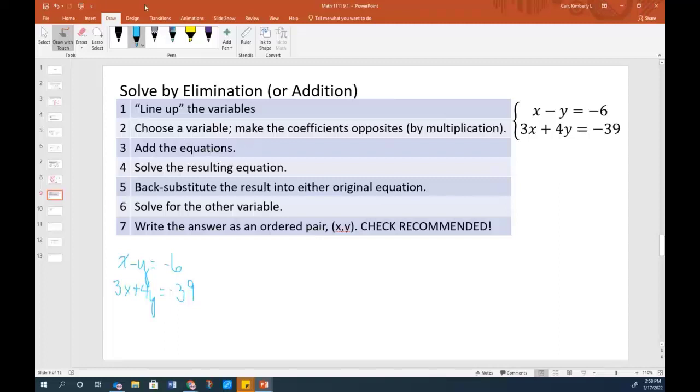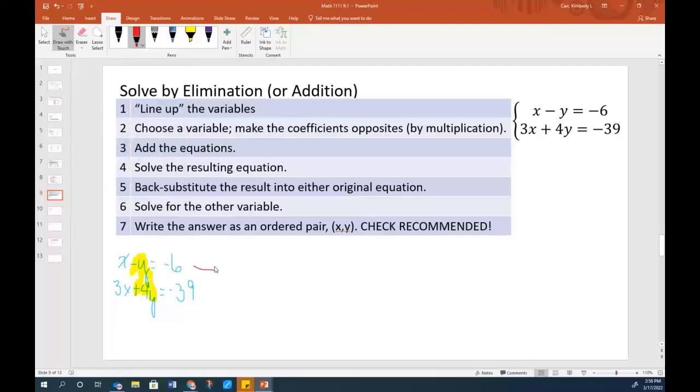Now, step 2, choose a variable. It doesn't matter which one you choose. Sometimes you will find that one of them looks easier than the other, because generally if they have fewer numbers in front or the signs are already opposites, that's a little bit easier, but it's not going to make a difference.